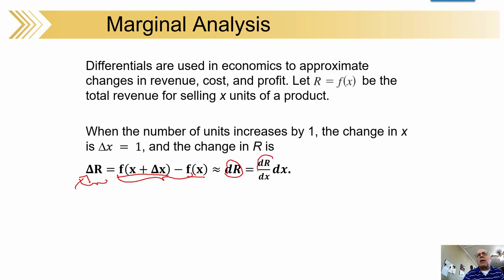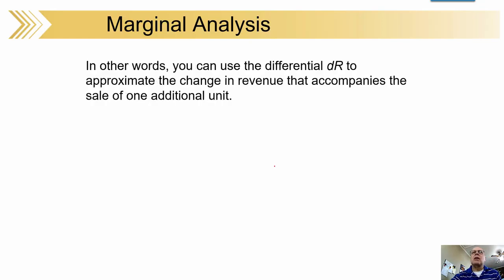So you'll find dR/dx, put your x value in, multiply it times your dx, which in some cases will be a 1, and you find out how the revenue is changing if you change the demand by this amount. That's what it all means. And the calculus makes it much easier.